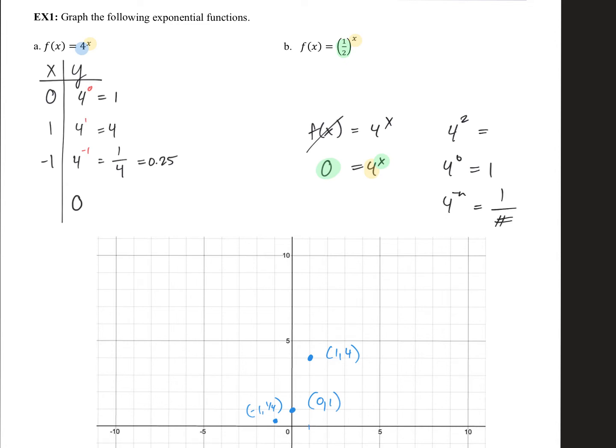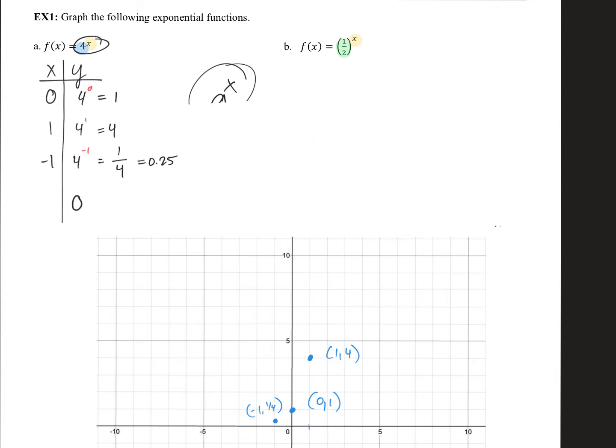It's not possible to raise 4 to a number and end up with 0. So this does not exist. DNE for shorthand, we don't have an x-intercept. And this is actually going to be true for pretty much all exponential functions when they're in this basic main format of a to the x. Okay, so the x-intercept does not exist. So we're going to write DNE.